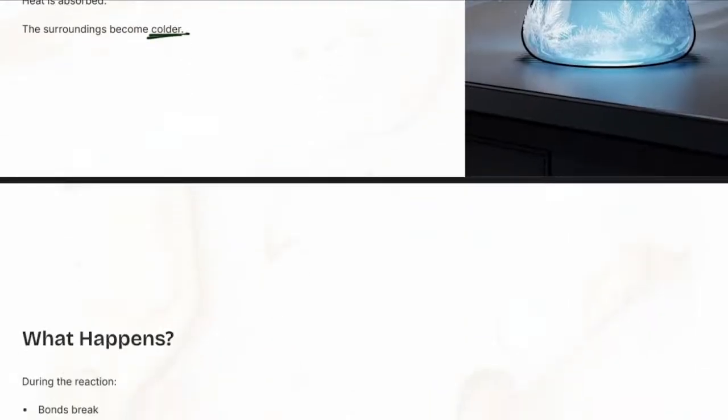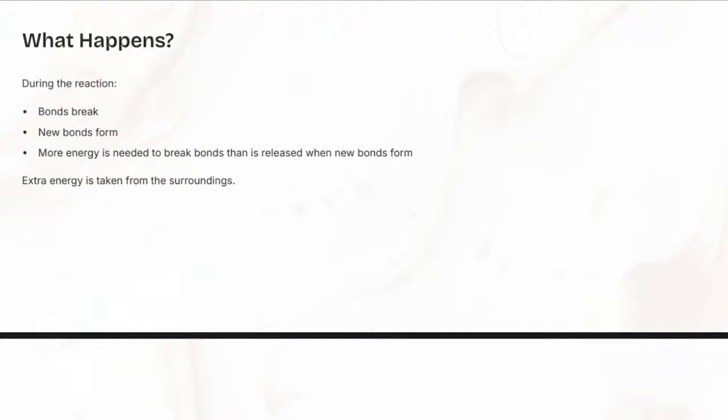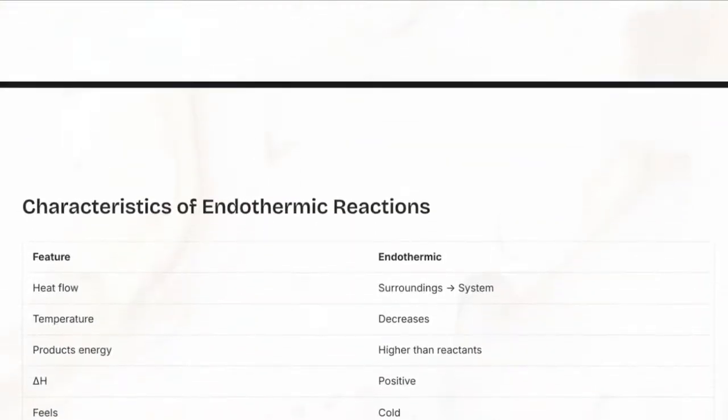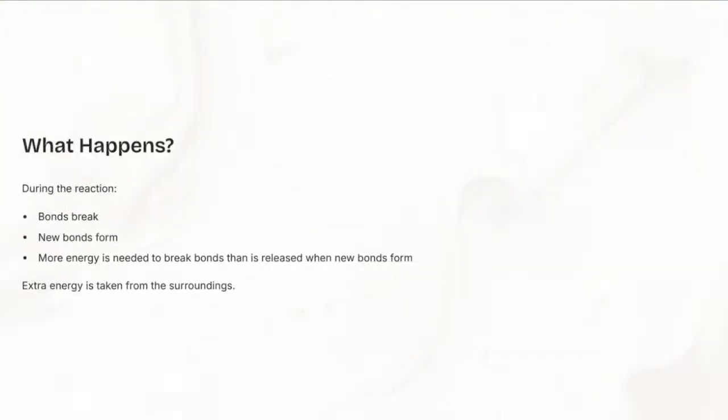Now, here, we know that both things will happen. Bonds break, new bonds form, but at the end of the day, for it to be endothermic, it's taking. That means the breaking was more than the energy released when new bonds were formed. Extra energy is taken from the surroundings.